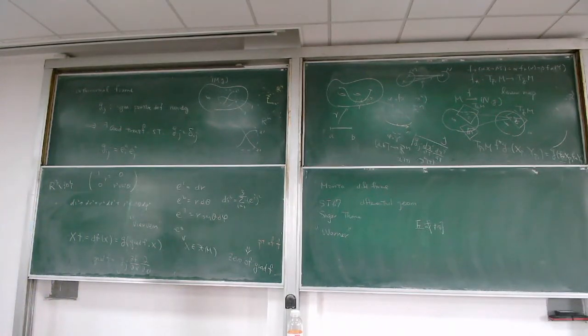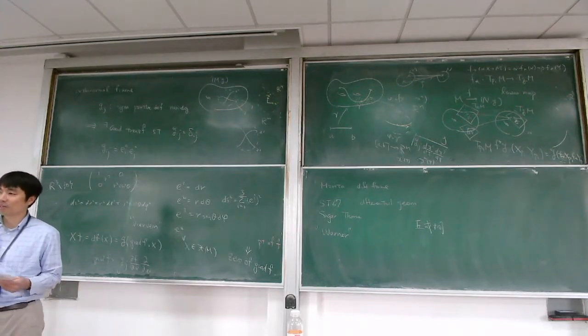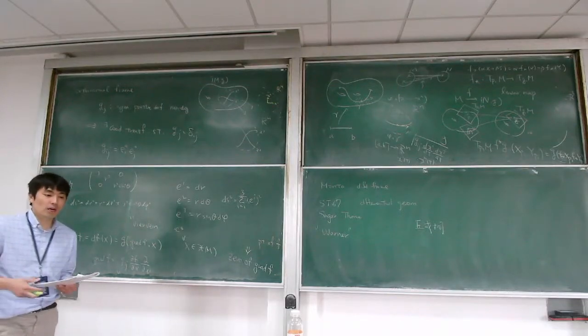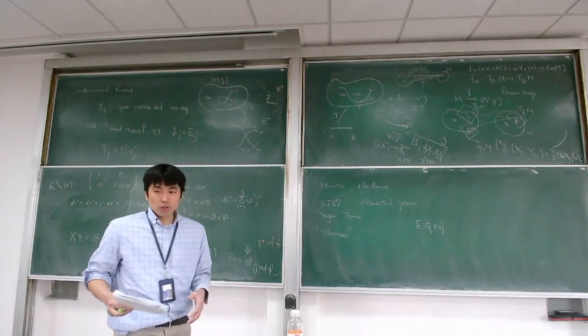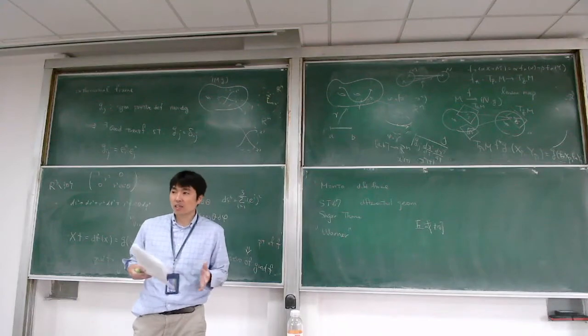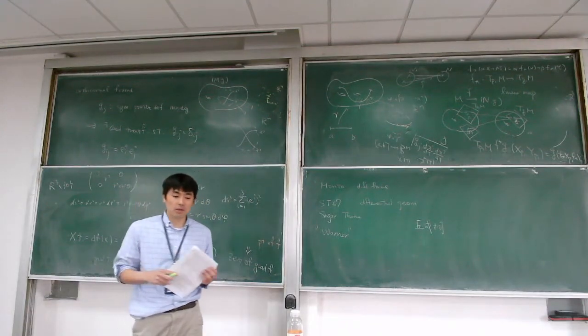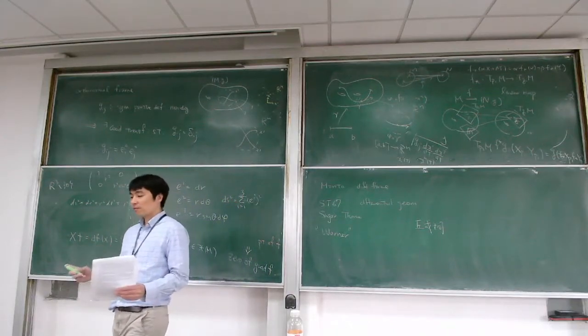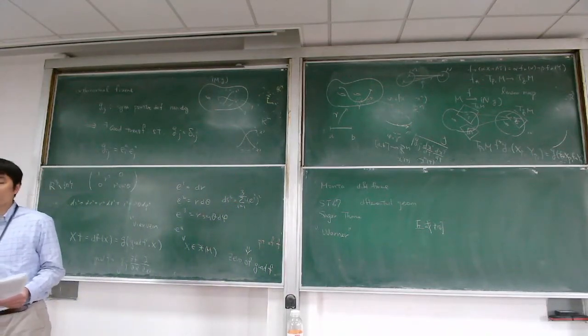That's what you guys are doing in the homework. That's why I try to give lots of homework, to get used to translating physics language to mathematical language, or just looking at physics in terms of the language of mathematics.